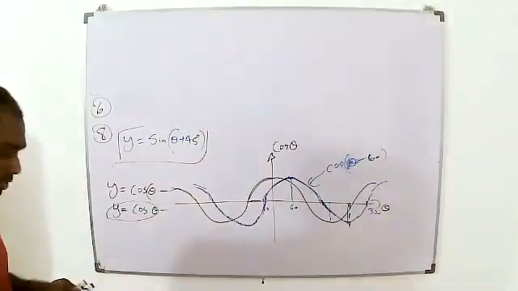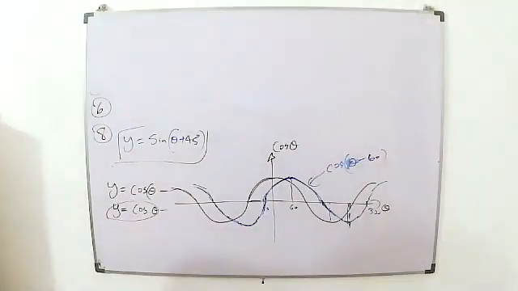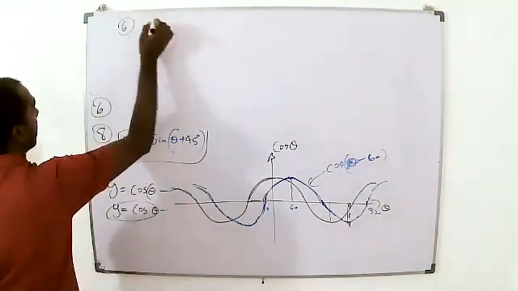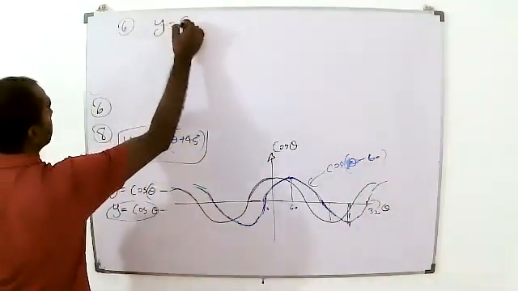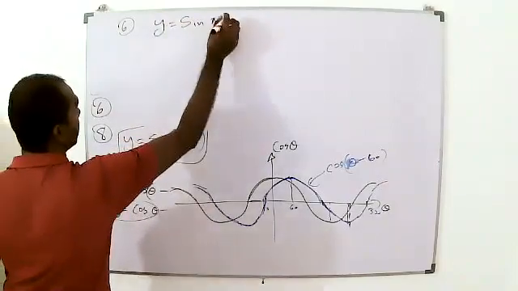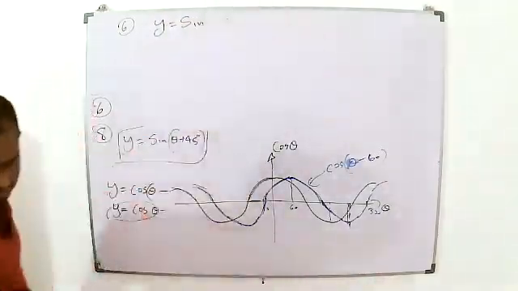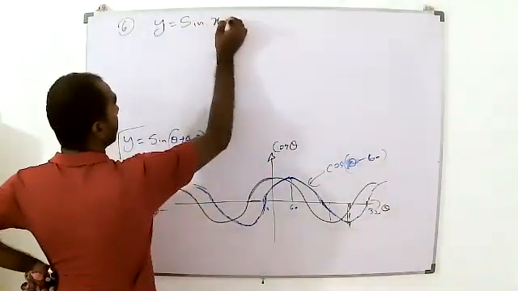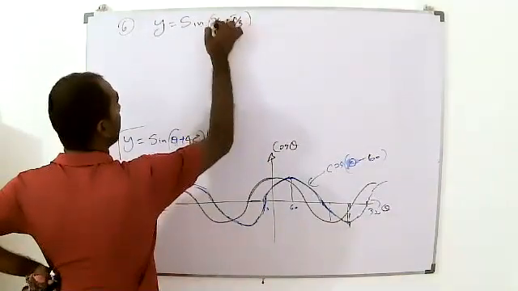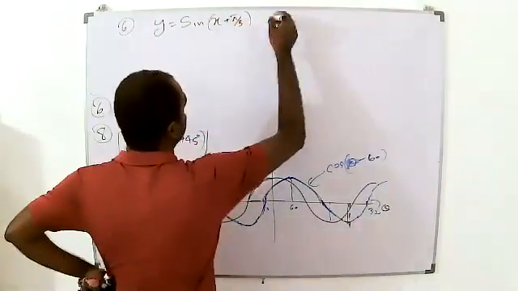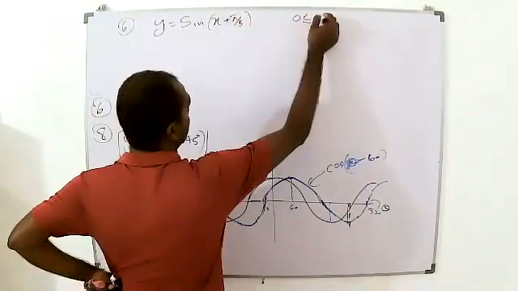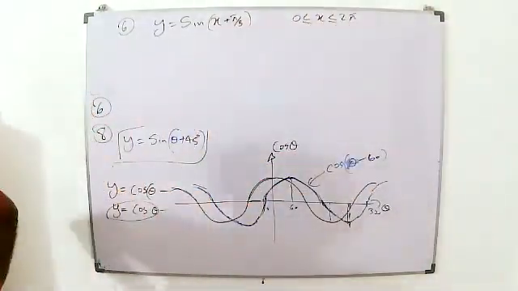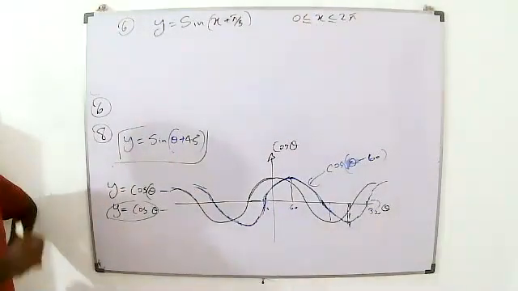So no need to worry too much about the range. Just draw the graph. What is in question number 6? Draw the graph of y equals sine theta plus 5 over 3, where x is between 0 and 5. Okay, just don't worry about the range, just draw the graph.